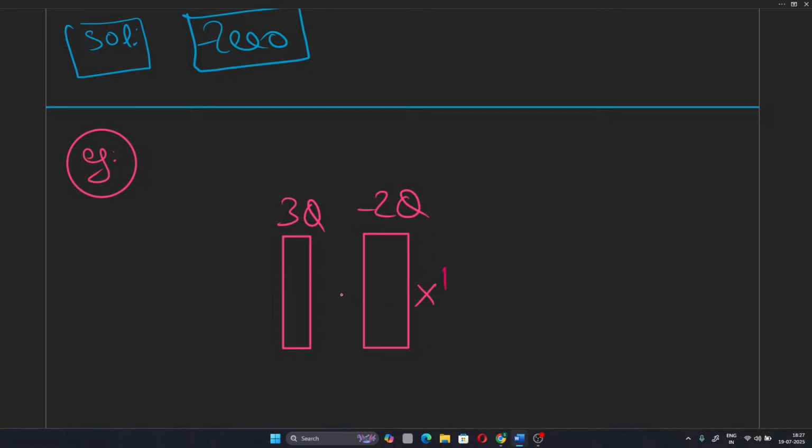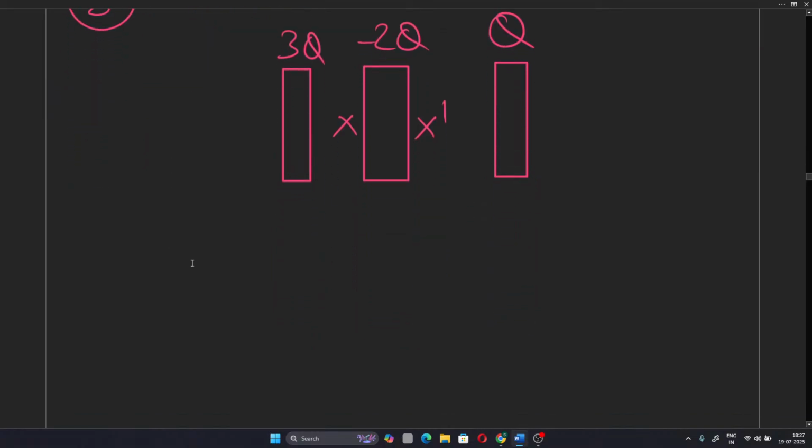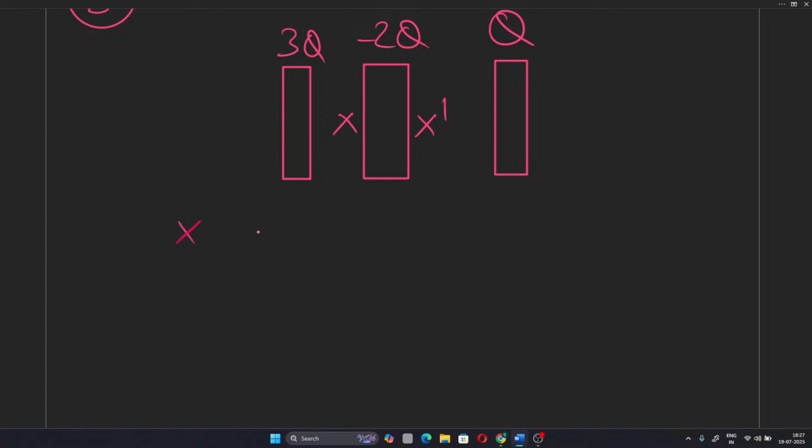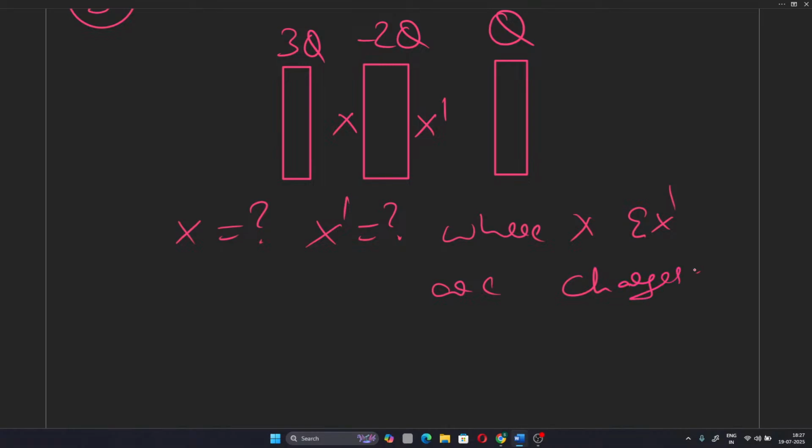Here there is x dash charge and x charge here. There is one more rod like this, having a charge q. They are asking to find x and x dash, where x and x dash are charges.